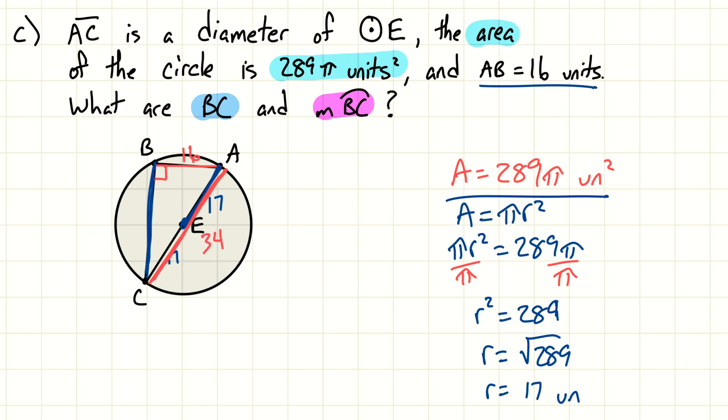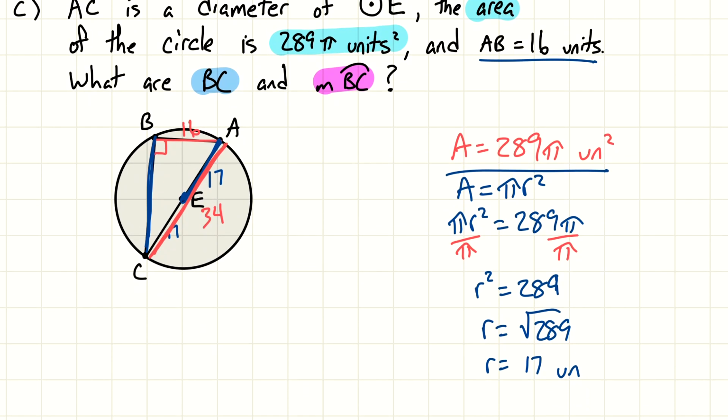All right, now we have two sides of a triangle, which means we could figure out what our missing side is. So let's see, we could use the Pythagorean theorem again. So BC squared plus 16 squared is equal to 34 squared.